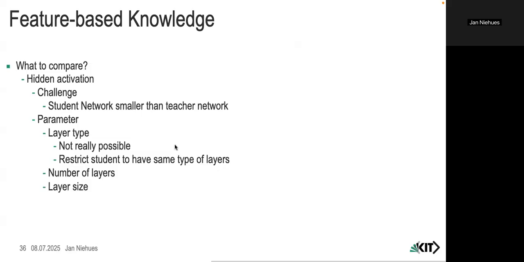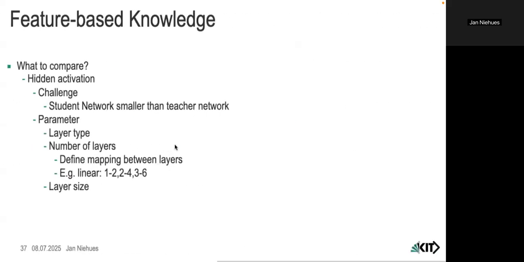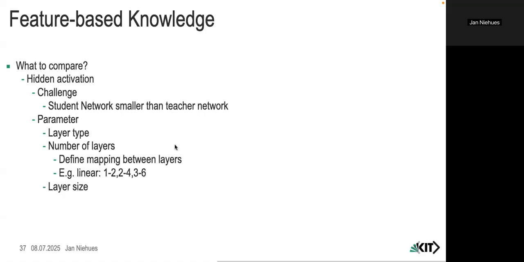If you want to do something else, you can, for example, look for output-based, so response-based knowledge distillation. That all works. But if you really want to compare the features, the hidden representation might not be the best thing. The next is then the number of layers.